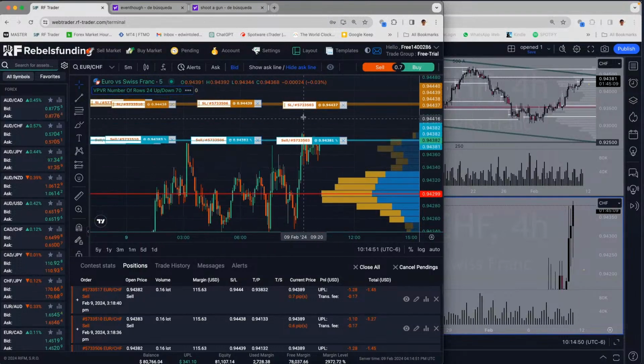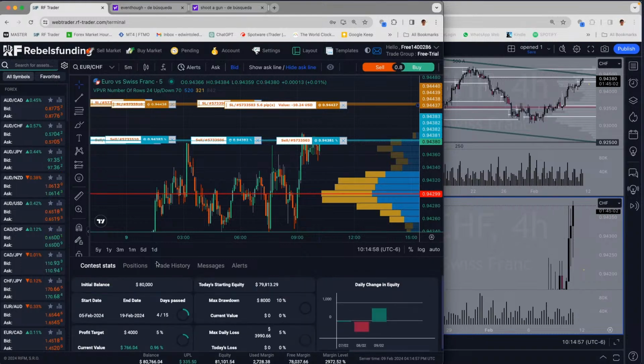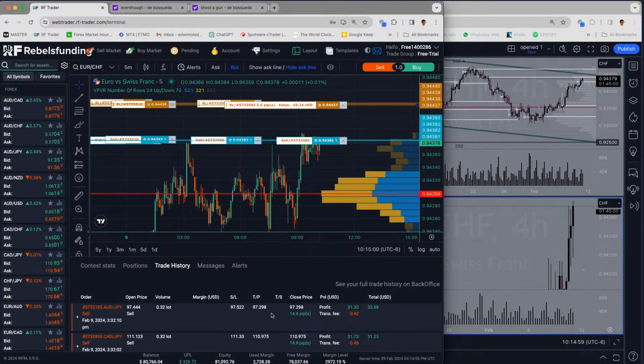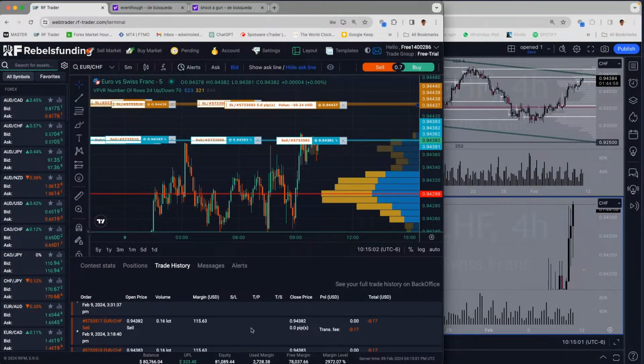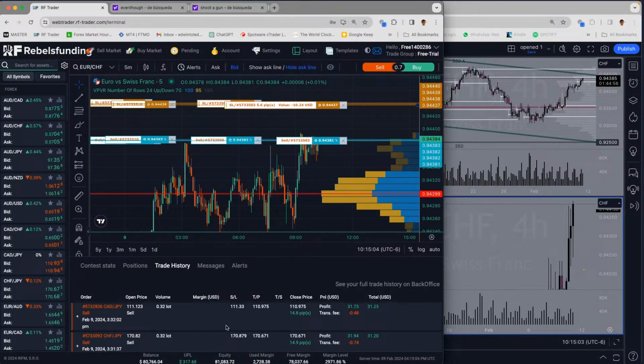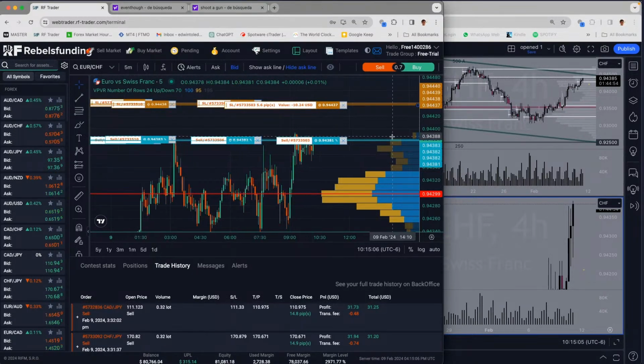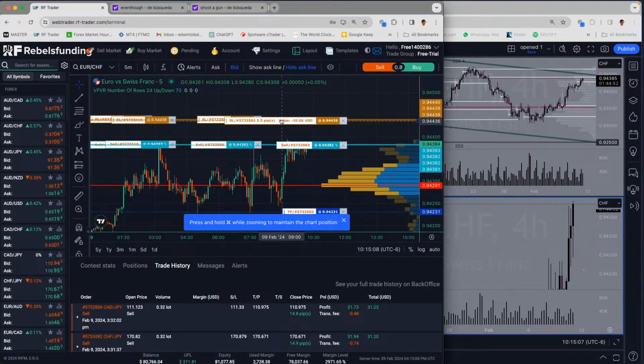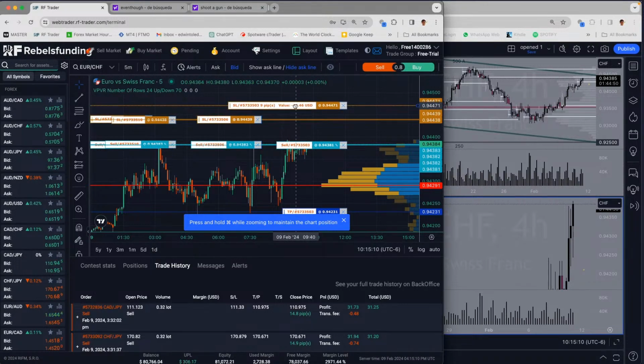It didn't take TP1, but its stop loss is at 5. Why is it at 5 pips? Is it one of the ones that took TP by itself? No. Yes. No. No, USC didn't take profit. So why is it at 5 pips in stop loss? I don't know.